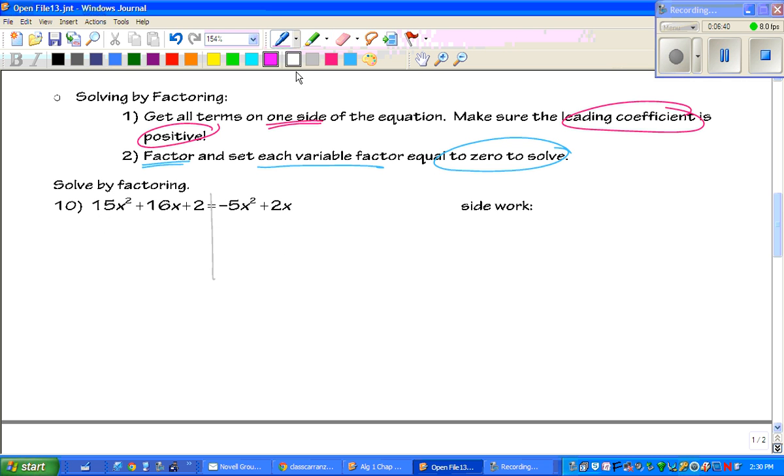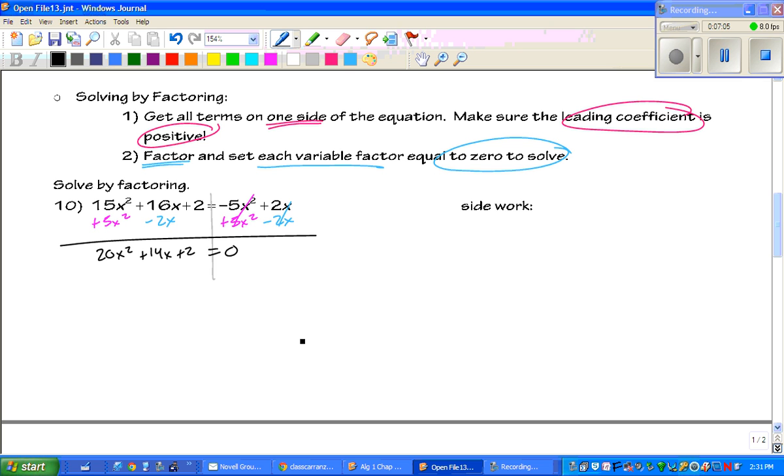So, that's why we need to add 5x squared to both sides. Okay, and if I'm adding the 5x squared, we need to subtract the 2x. And then we get 20x squared plus 14x plus 2 equal to 0.